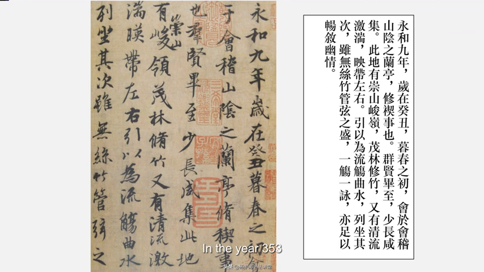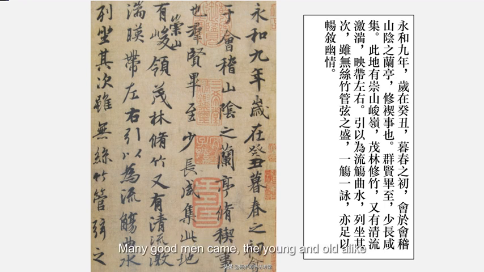In the year 353, the 9th year of the Yonghe reign, early in the last month of spring, there was a gathering at the Orchid Pavilion on the northern slope of the Kuaiji Mountains. Our purpose was to carry out the spring ceremonies of purification.